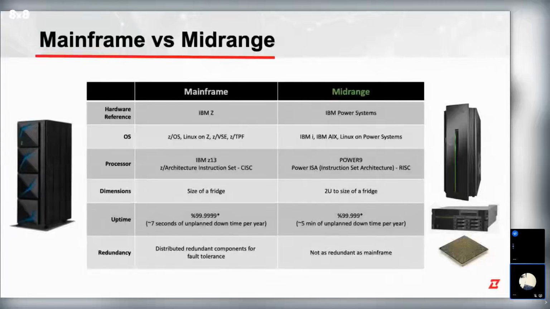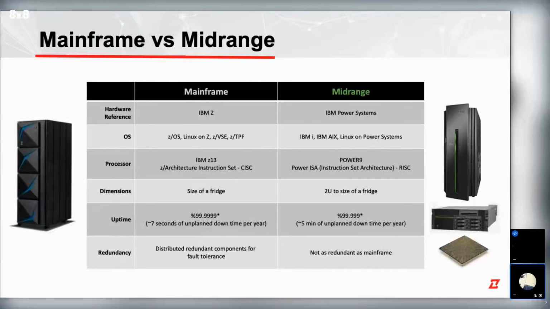Another thing to be aware of is the difference between a mainframe and a midrange. If you're looking at an AS400, it's not a mainframe. Mainframes are different from the AS400, and the AS400 is the column on the right. If you hear a conversation about a mainframe, it's a different processor with a different instruction set, and with that, a different operating system distribution.